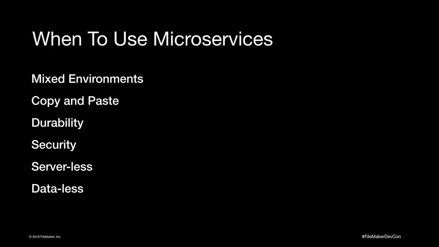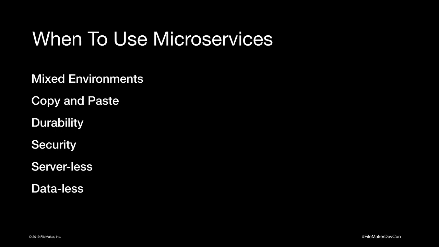So let's talk about when you should be using microservices. A great use case for microservices is mixed environments. And as we saw today in the opening presentation, there are thousands of apps online, all trying to compete and connect with each other very quickly.